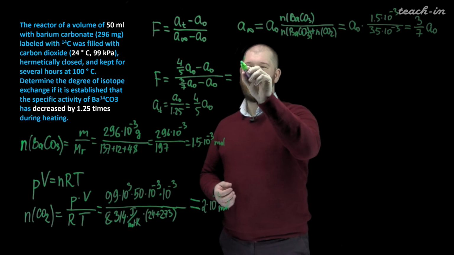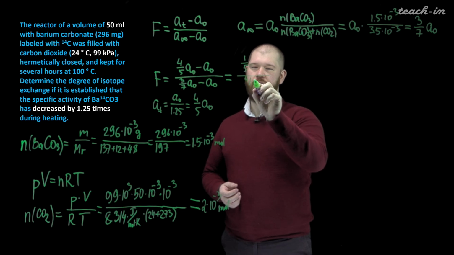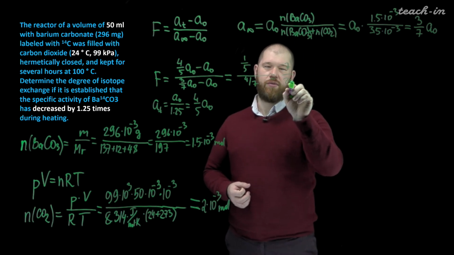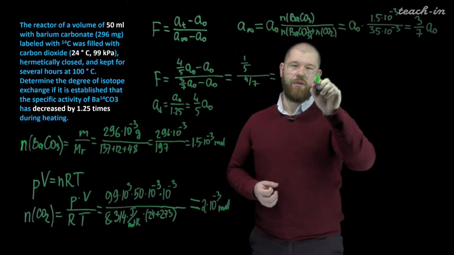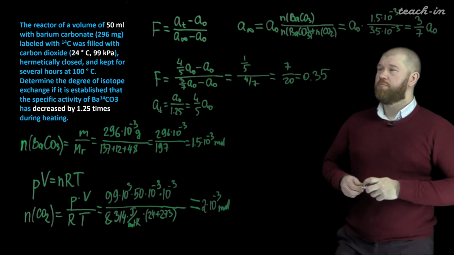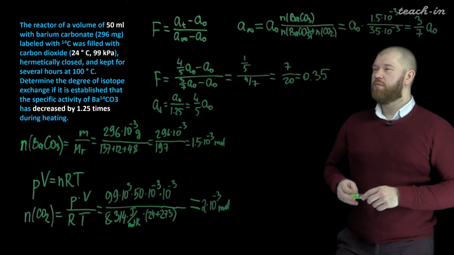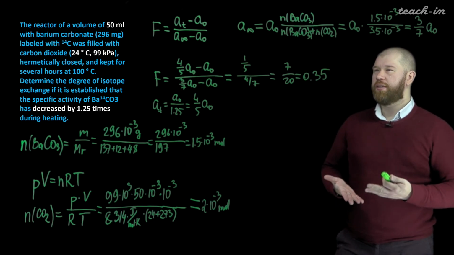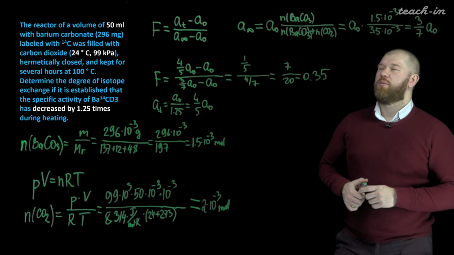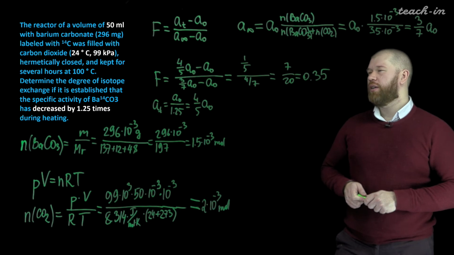So it will be 1.5 divided by 4.7, or just 7/20, or 0.35. So here again you can see that even if we don't know the exact activity of our carbonate, we can determine the degree of isotope exchange.